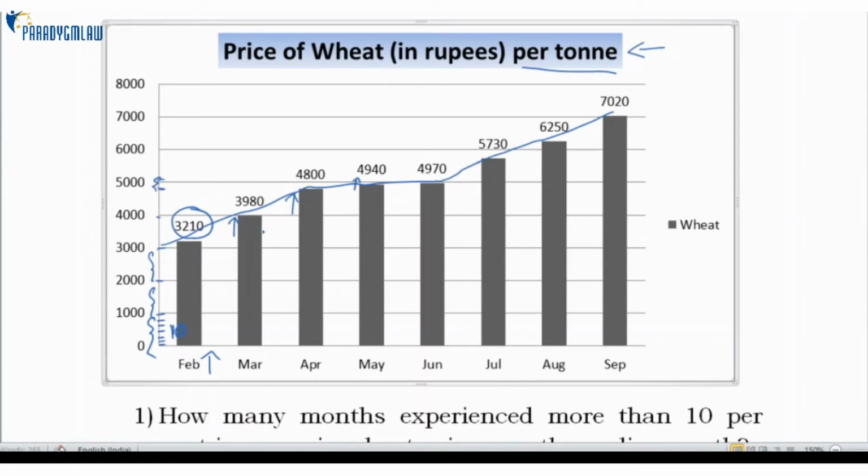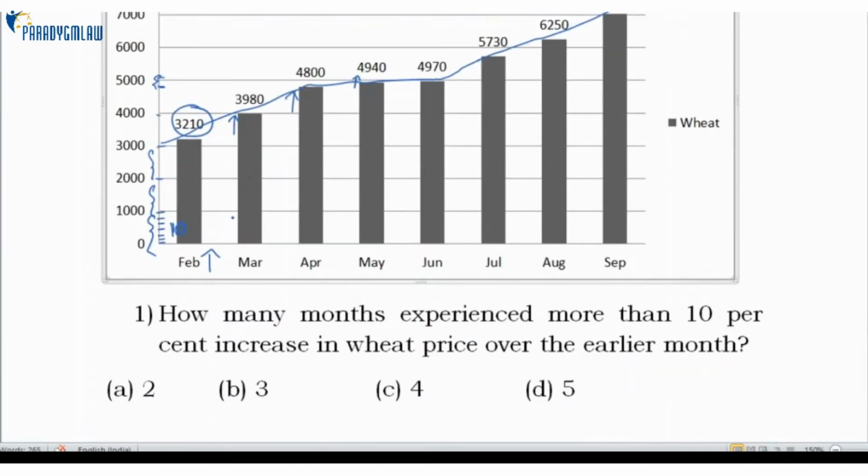So let's look at what is being asked. The question says, how many months experienced more than 10% increase in the price of wheat over the earlier month? Now this is a very typical quantitative technique question.